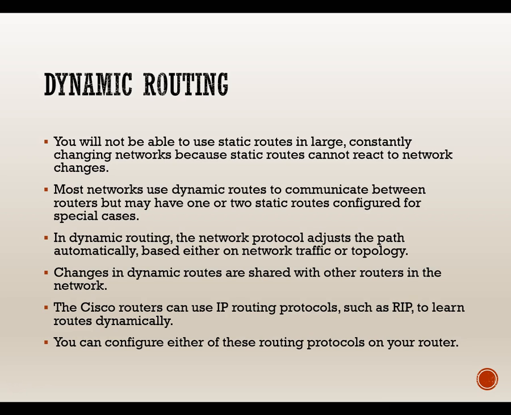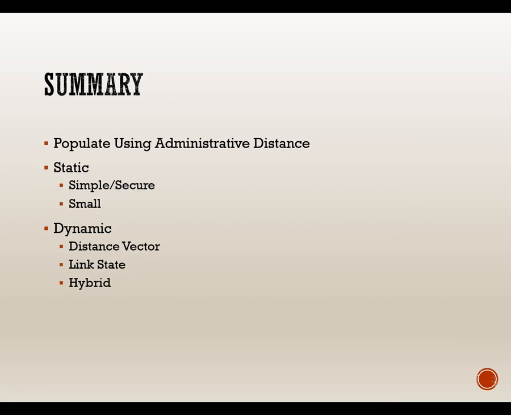Use IP routing protocols such as RIP, and this was what was in the slides, but I would say such as EIGRP and OSPF, to learn the routes dynamically. You can configure either of these routing protocols on your router, and we looked at that and saw that the one with the best administrative distance is the one that actually gets displayed in the route table and is used.